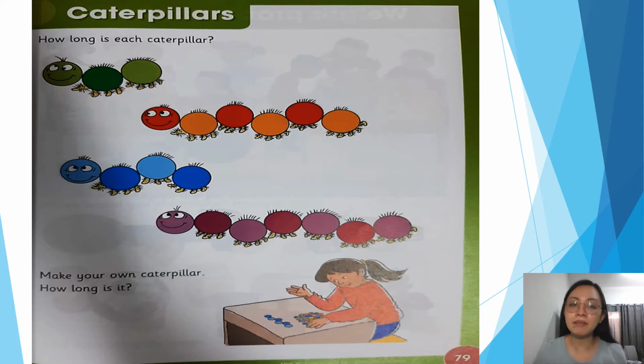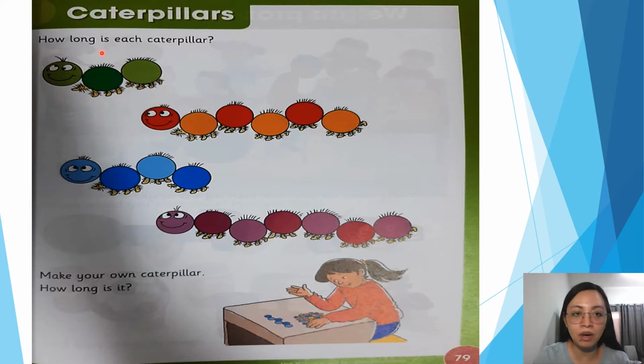So this time, let's open your Math Learner's book on page 79. Have you found this page? What have you seen on this page? Yes, there are caterpillars, and caterpillars come in different colors and sizes.